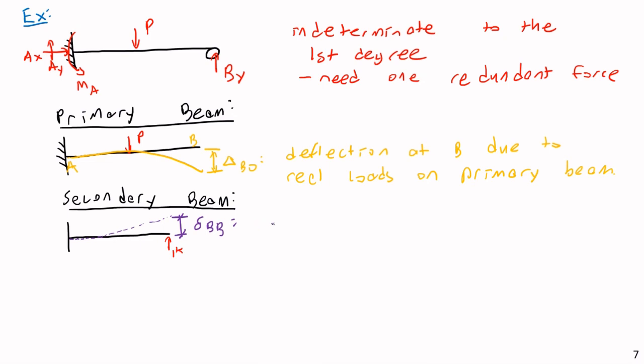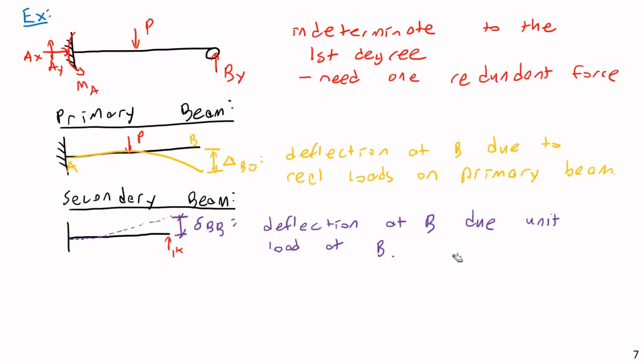This would be the deflection at B due to a unit load at B.